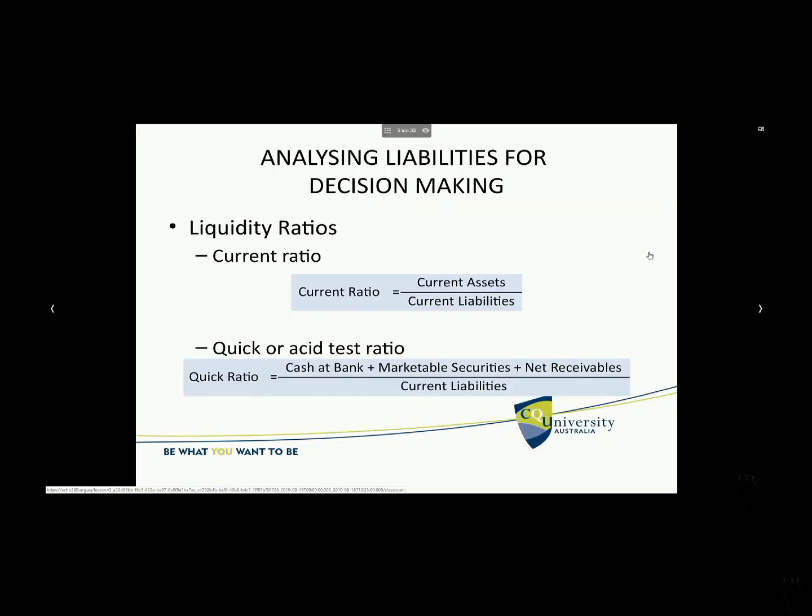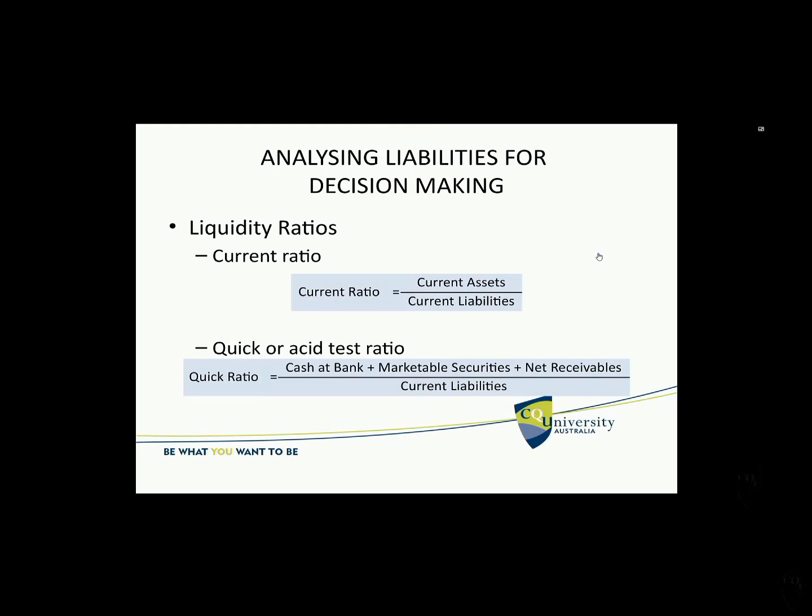Okay, analysing liabilities for decision making. As I said before, users of financial accounts are interested in the liquidity of the business they're looking at. And analysts, and users of financial accounts, do a number of very straightforward ratios to get a handle on short-term liquidity and long-term stability.